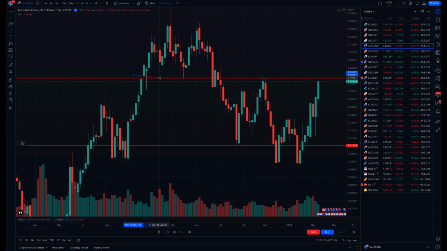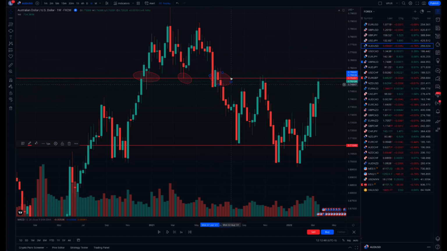It was important here, then it was important again here. You see all these moments where price touched this line, and then price rejected. We had it as resistance, then it became support, then support again, and then here we have another important moment where it broke support, then went back, became support again, and then broke it again.